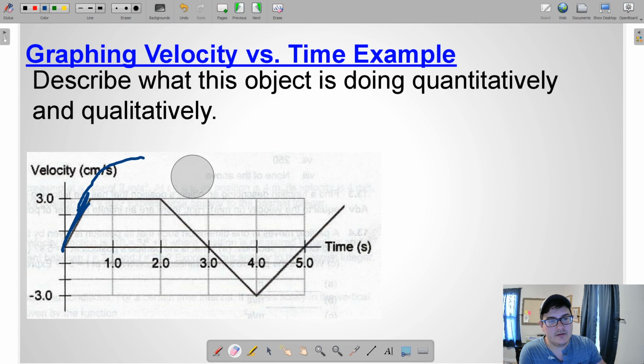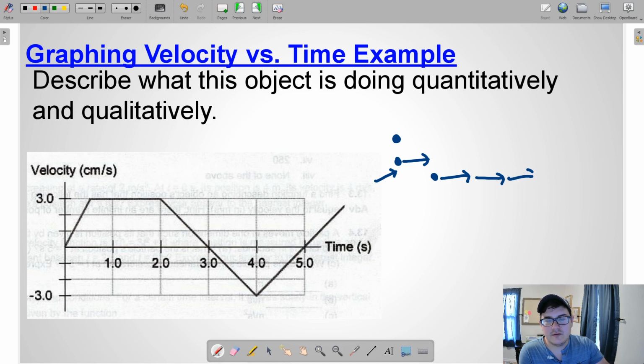And this is probably the trickiest part, looking qualitatively. When this object very first starts out, it is going 0 meters per second. After half a second, it's now going to the right. So it has sped up right here, and now it's going to keep going that speed for some time.